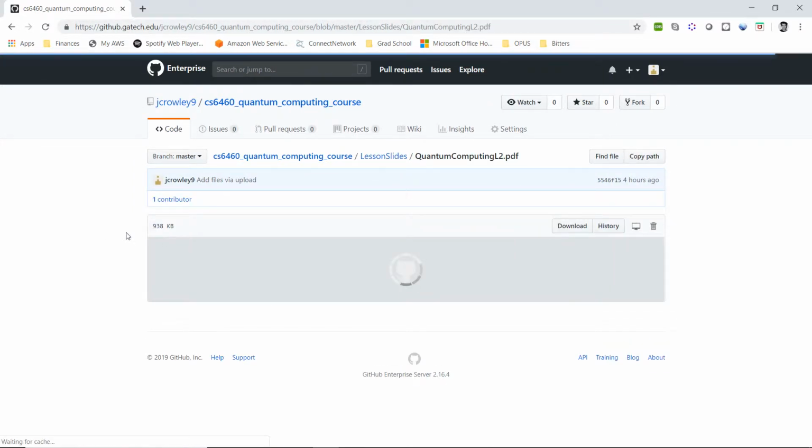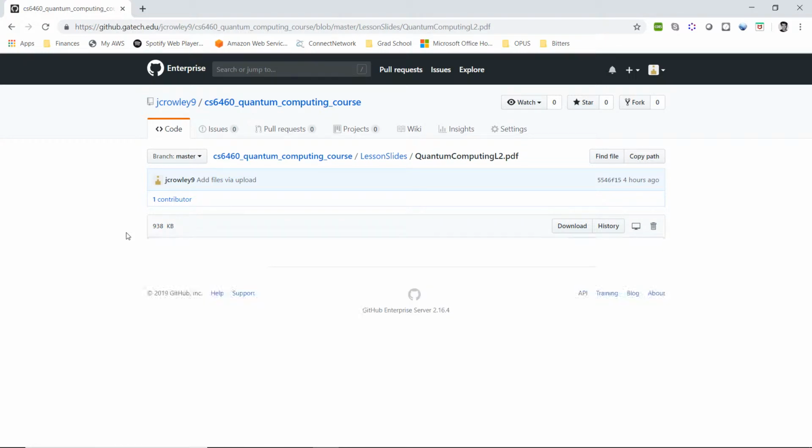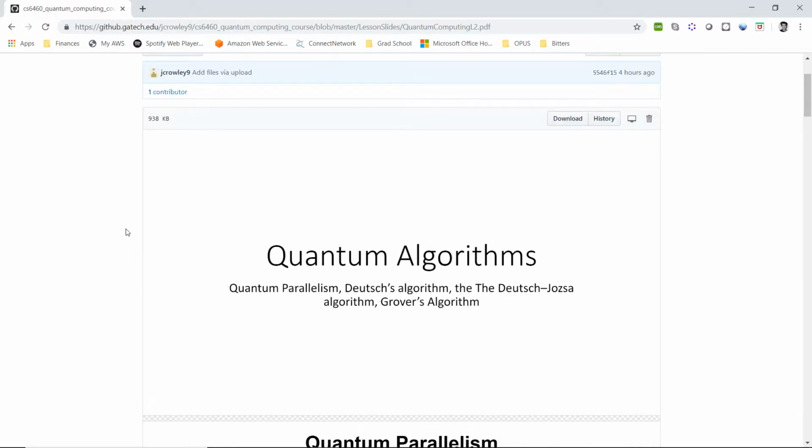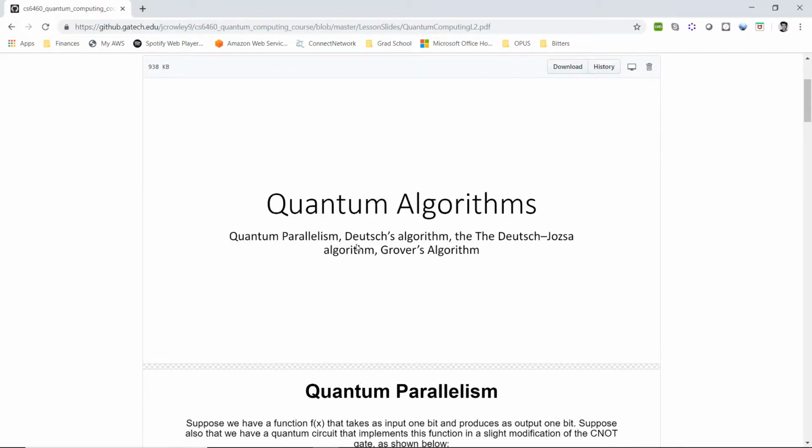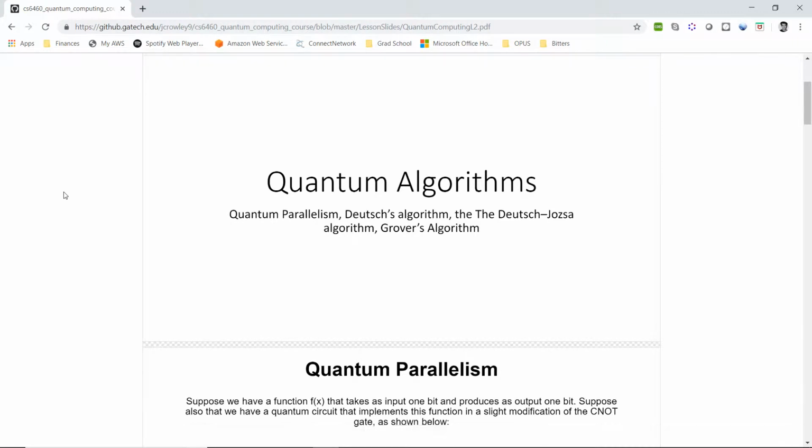In the second lesson, I start to explain some quantum algorithms. So I cover Deutsch's algorithm and the Deutsch-Jozsa algorithm. Deutsch's algorithm is noteworthy in that it is basically the simplest possible quantum algorithm you could imagine. It solves a problem in 1 step that a classical computer could only solve in 2.